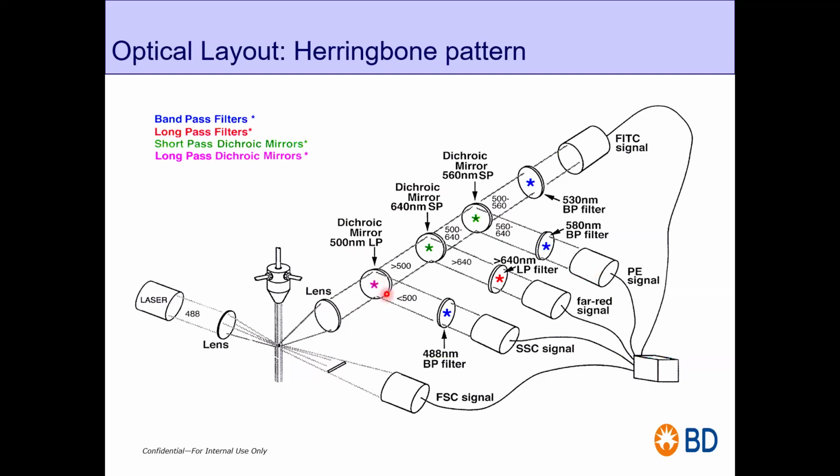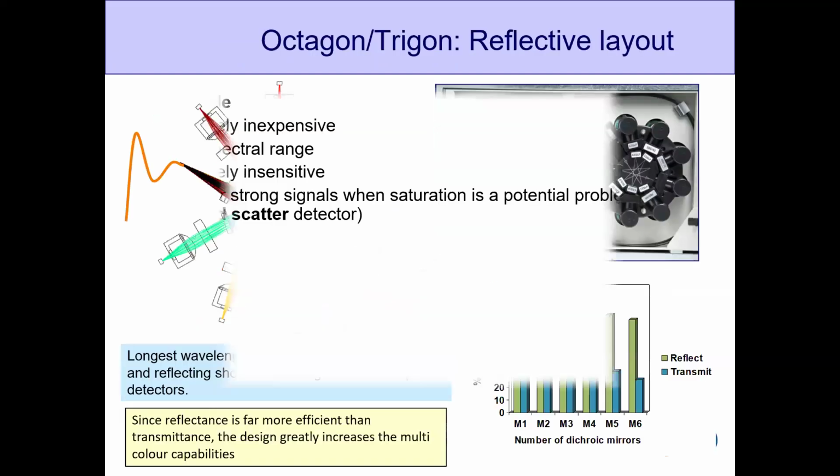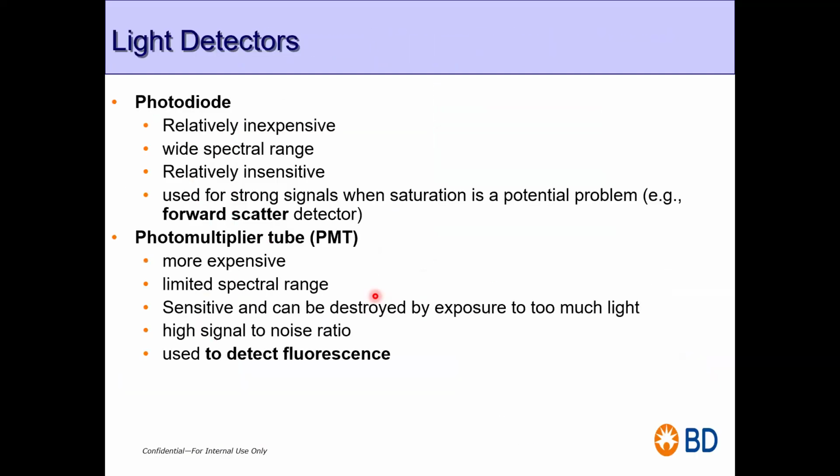Because when transmittance happens, it absorbs some of the energy, some of the photons get absorbed by that mirror itself. If you remember from your physics, we used to say that if something passes through something, it will absorb a little bit of photons.